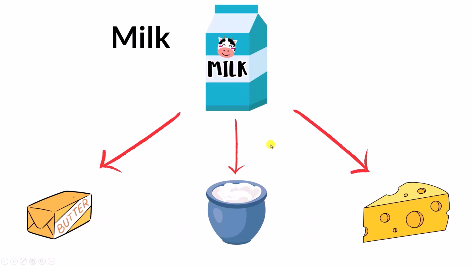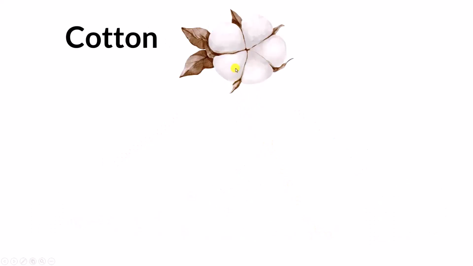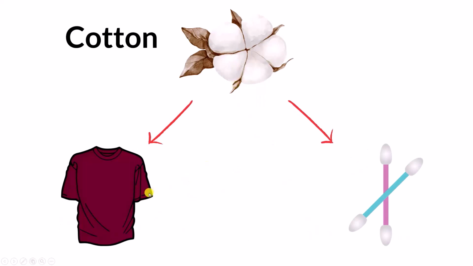Next example, we have cotton. From cotton, we make shirts and also other cotton items. So when there is a price variation in cotton, it affects these two. If the price of cotton increases, then the price of the products derived from cotton increases.